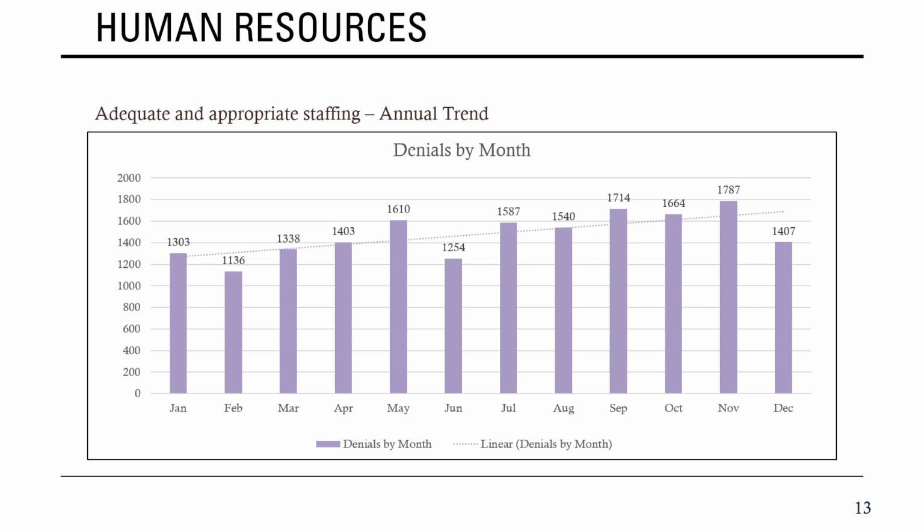Right here, you might say, well, we're putting a lot of effort into stopping denials coming in, but look, they're still increasing throughout the year. So what's going on? Are we not focused on the right places? Are we not really implementing good performance improvement to stop those denials, or are our insurers just auditing more and more every month? Okay, so just a good general overview of what the annual trends are.